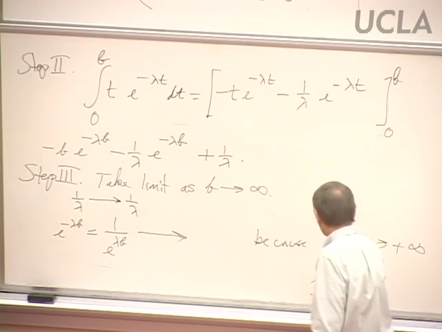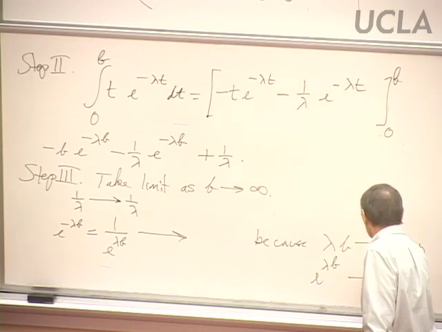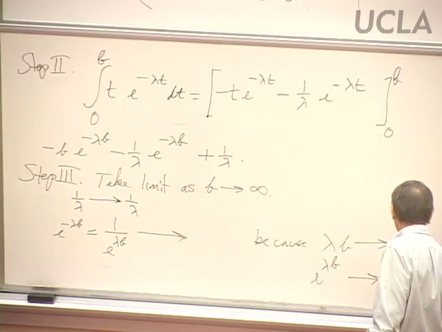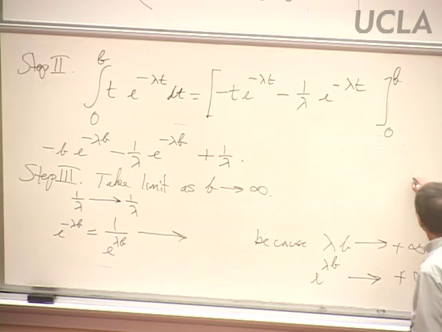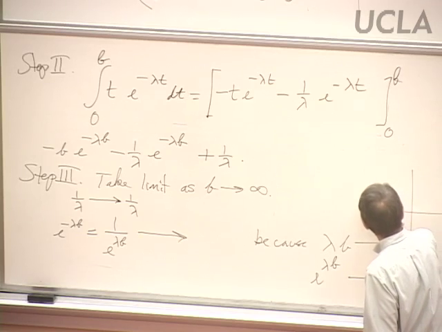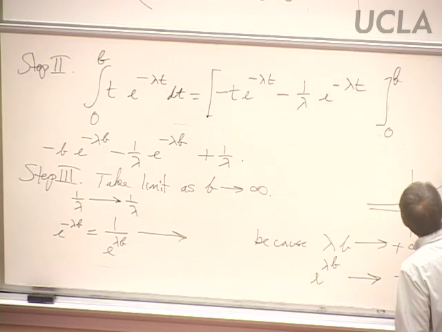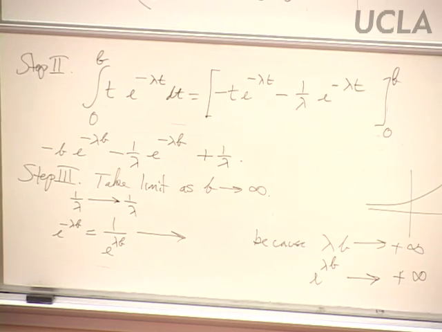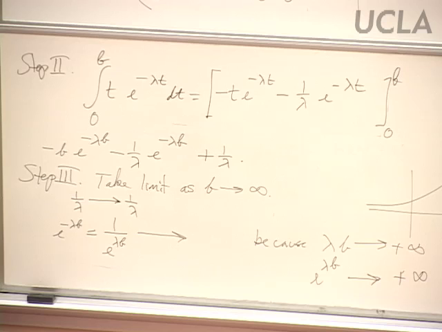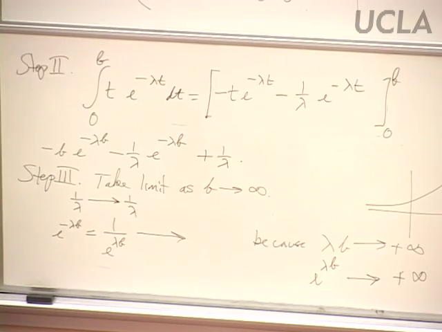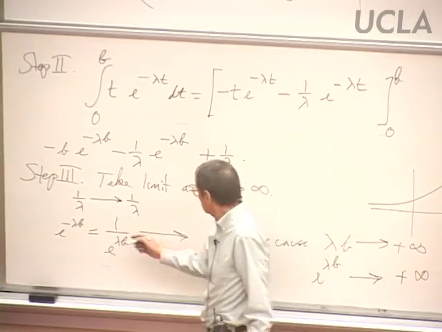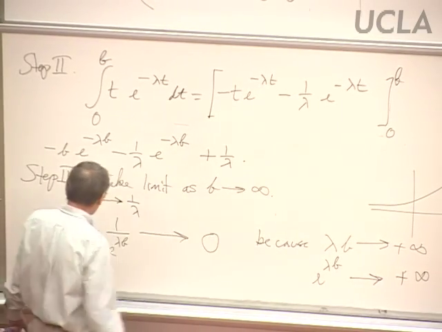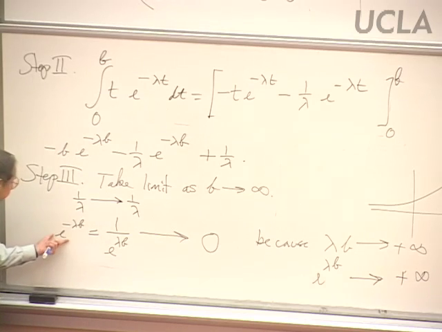As that exponent gets larger and larger, e to the lambda b goes off to infinity. The exponential function for a positive number lambda would look like this. And we have 1 over that. Conclusion: e to the minus lambda b is going to 0.